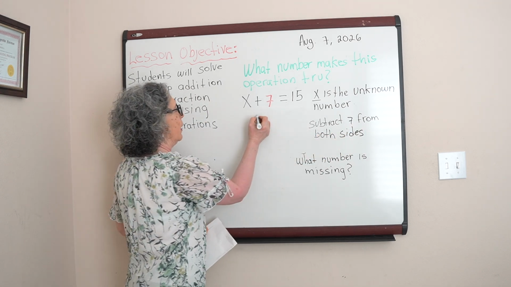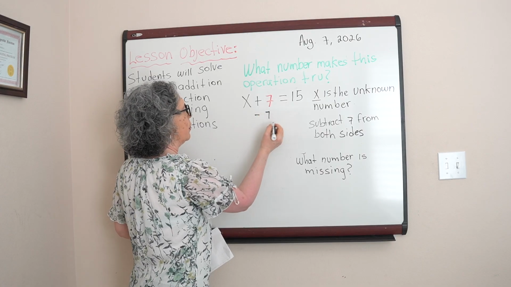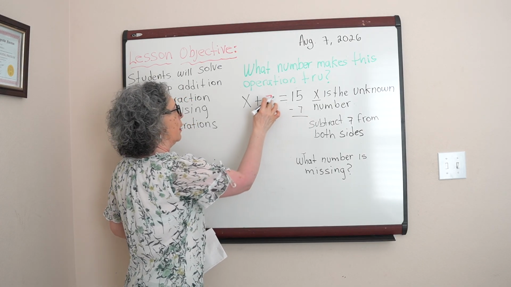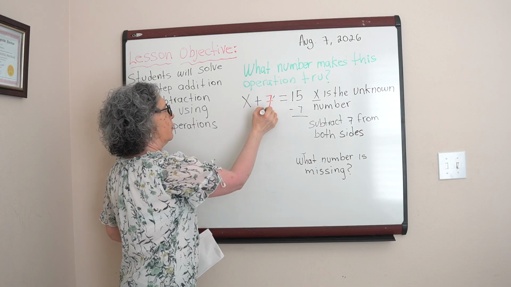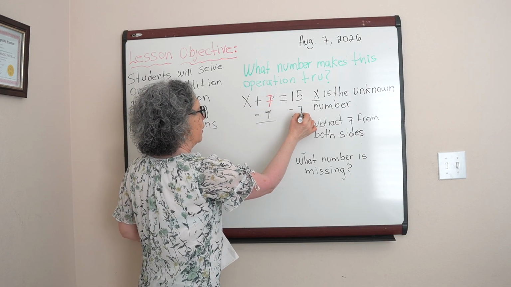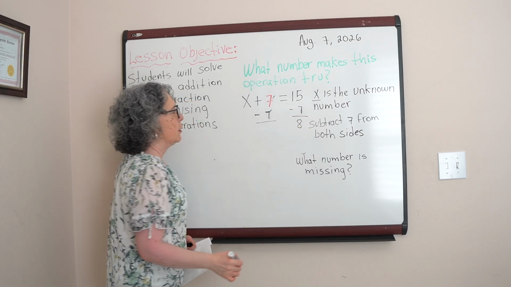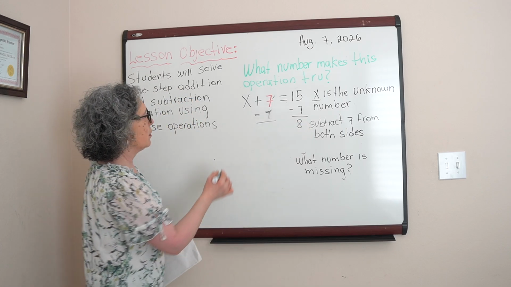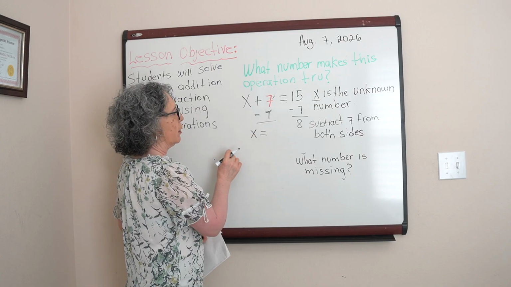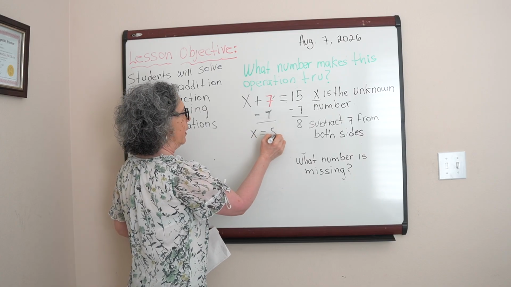Okay, so let's subtract 7 from here and 7 from here. The 7's are going to cancel out, so 15 minus 7 is 8.